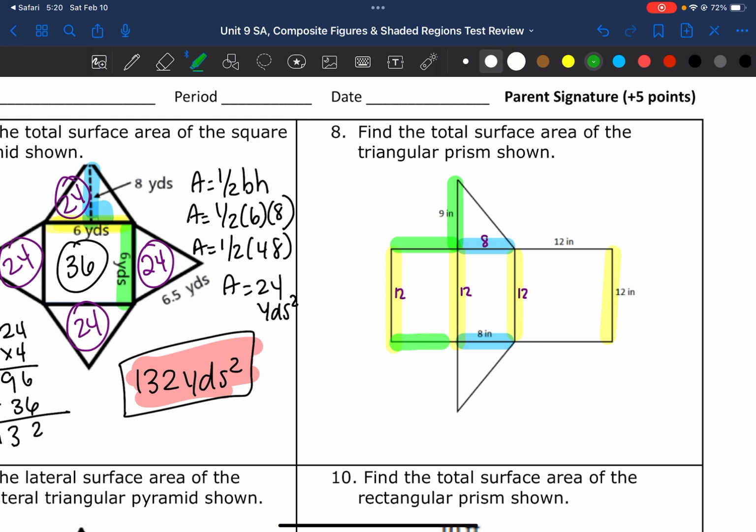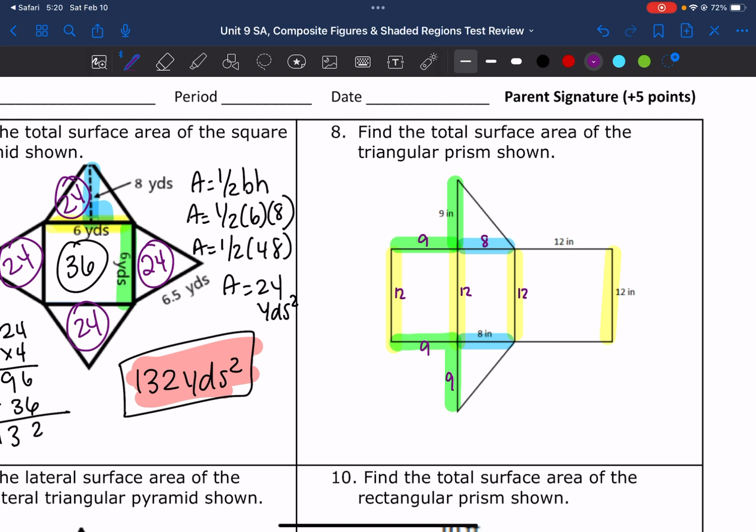Same thing over here. They're going to touch, okay? So if this length is 9 and it's going to be exactly flush, then this is going to be 9. Parallel sides are going to be the same, so this is 9. Touching sides will be the same. That will be 9. Okay, I almost have everything.